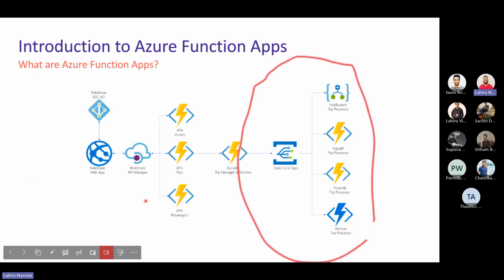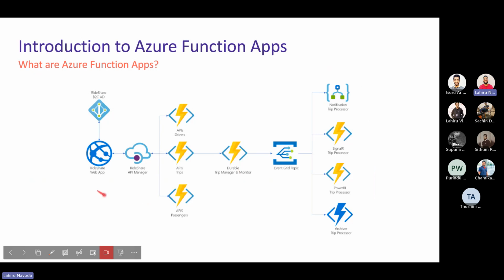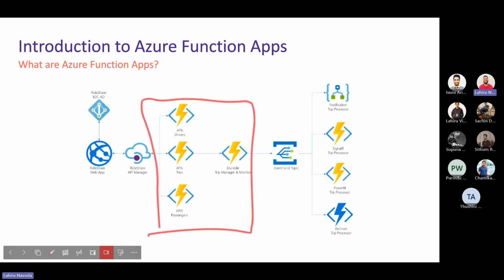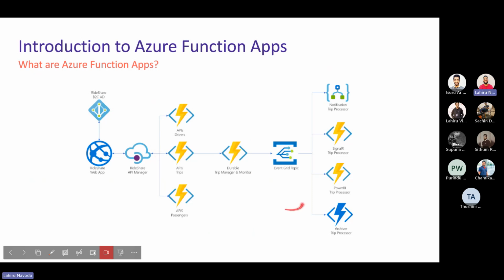For example, in this architecture diagram, we are getting a request from this rideshare web app, the processing is done in the function app itself, and we are sending the output data to this event grid topic.